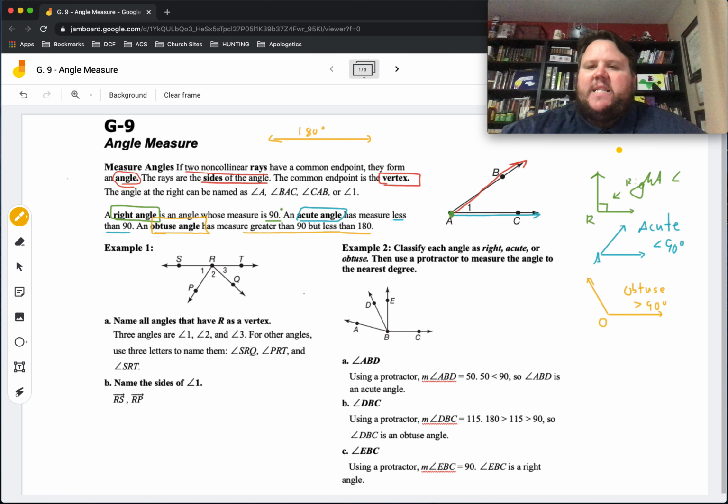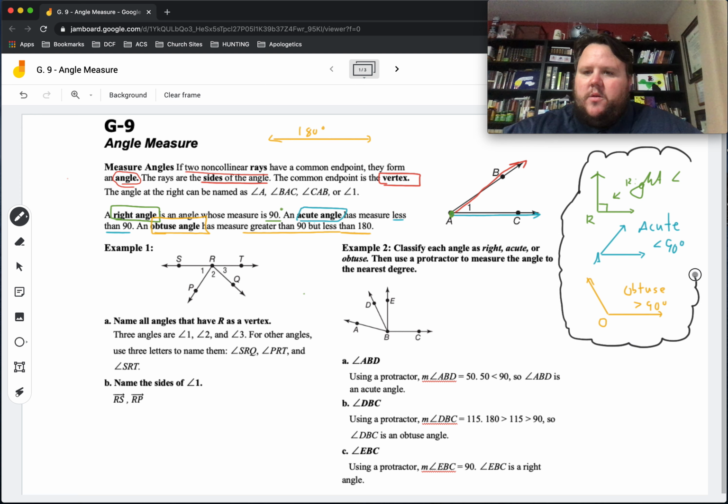So that's how we classify them. You're going to want to have that written down. And I'm going to go ahead and make this a little bit neater.